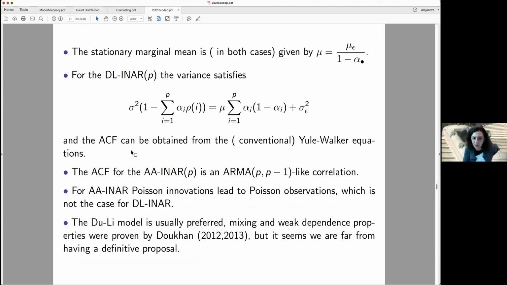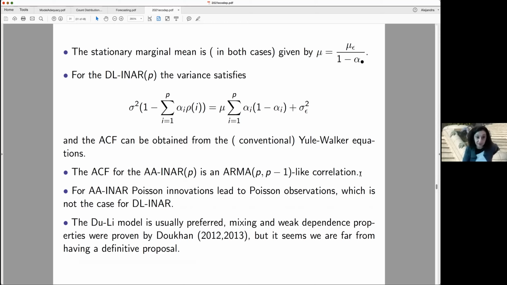In contrast, consider the other model, the one that uses the multinomial distribution for the thinnings made over the same observation, whereas Du and Li is the one that considers conditional independence of the thinnings. This one doesn't have the ACF of an AR(p), but rather that of an ARMA(p, p minus 1).